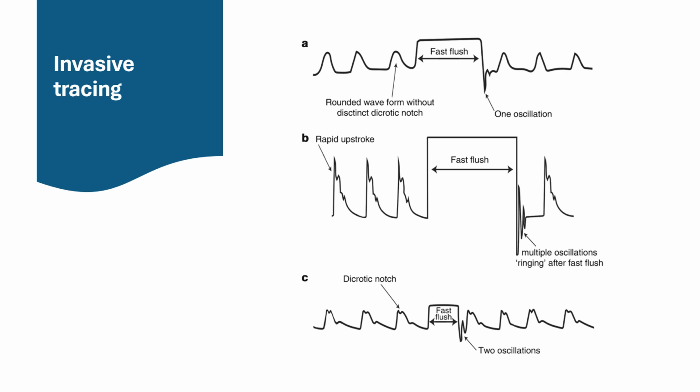An over-damped system will have less than 1.5 oscillations, and an under-damped system will have more than 2 oscillations. Typically, the mean arterial pressure for both under- and over-damped systems will be about the same. However, the systolic pressure will be slightly higher for the under-damped system, and the diastolic pressure will be slightly higher for the over-damped system.